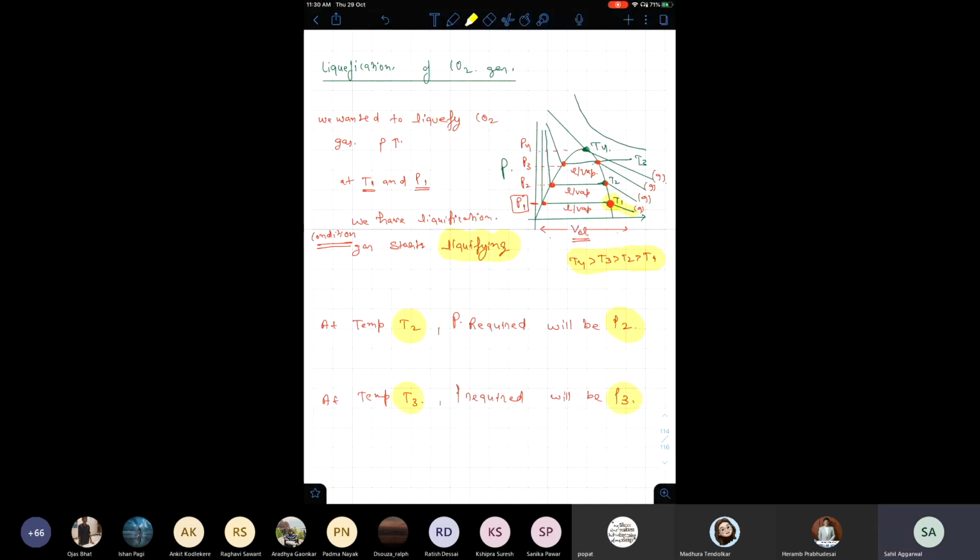At temperature T4, pressure will be P4 for liquefaction.